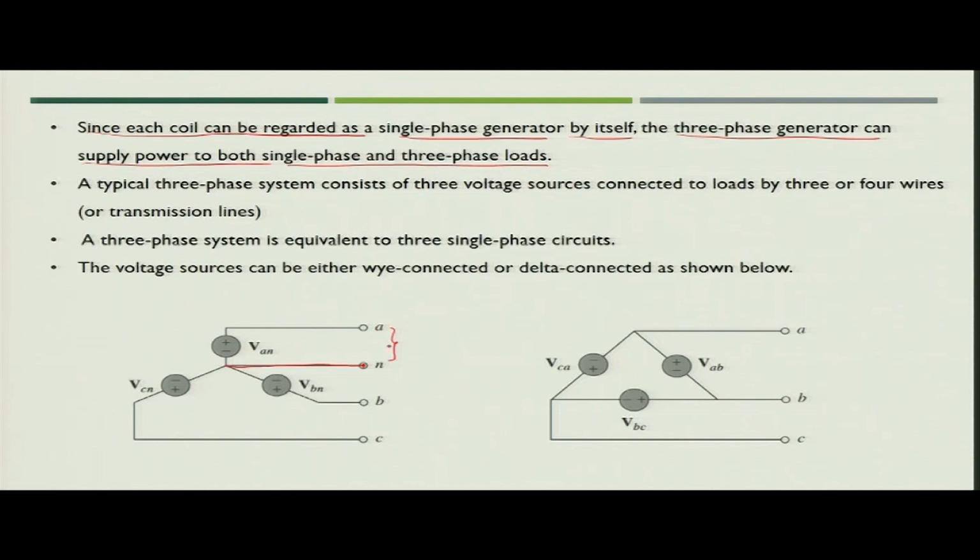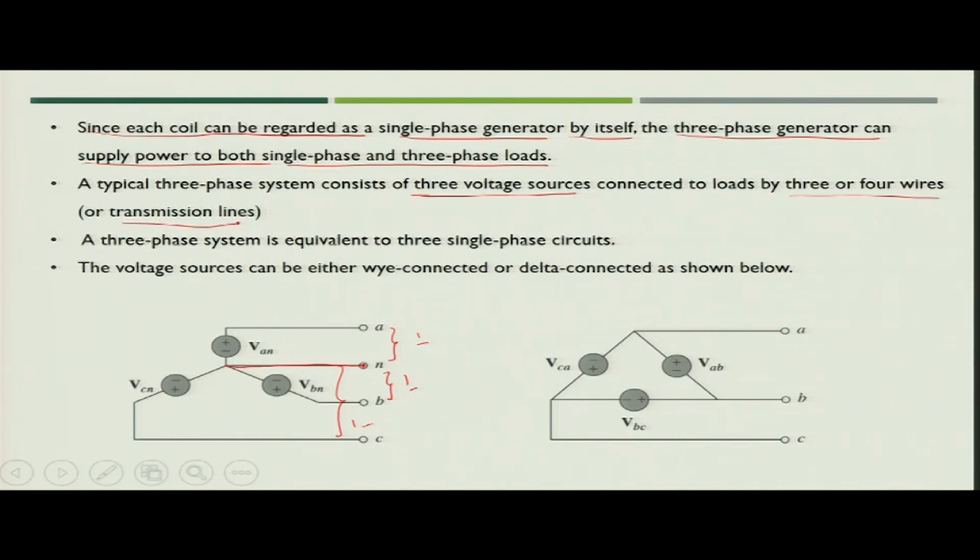So, neutral and A will create one phase, B and N will create another phase, and C and N will create another phase. So, now you will have a three phase system which will also give you three independent single phase systems.